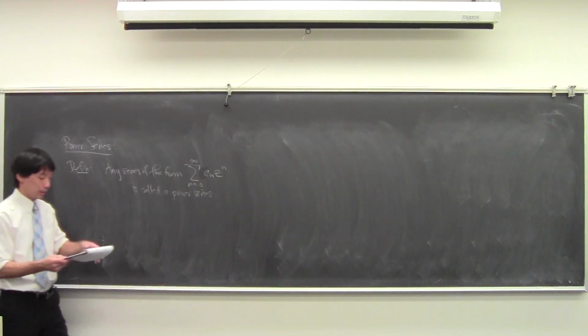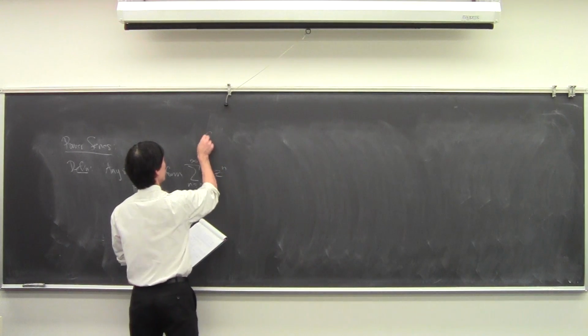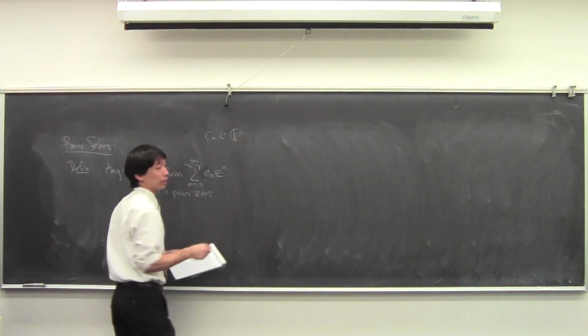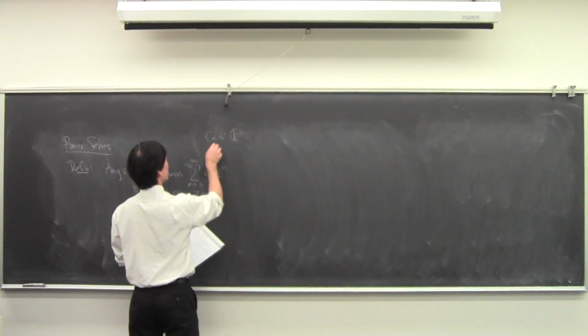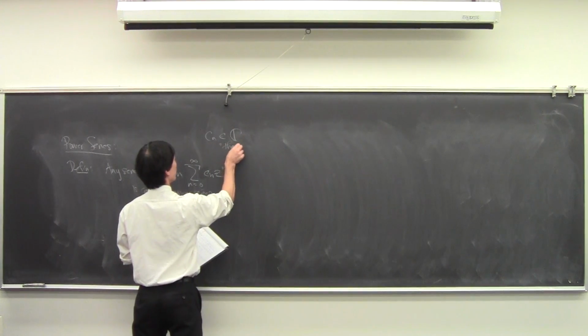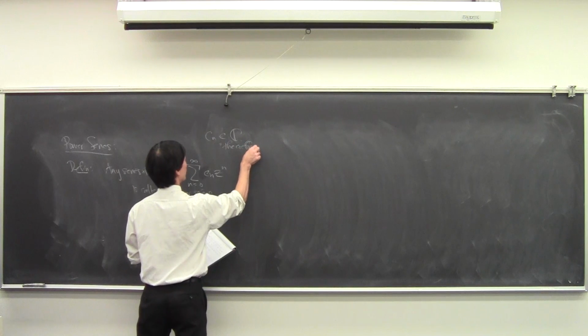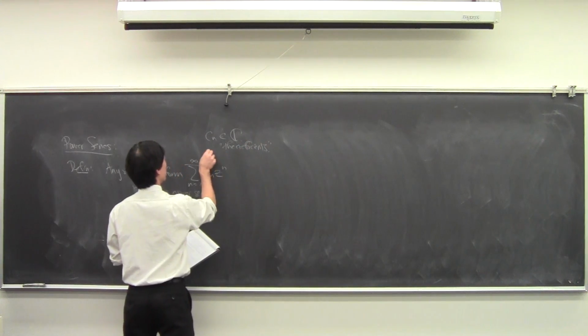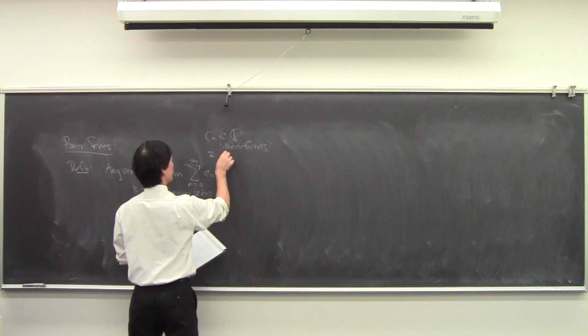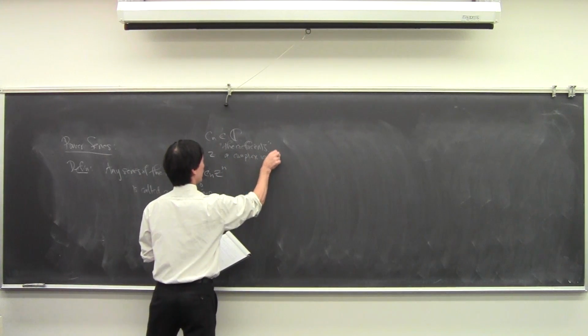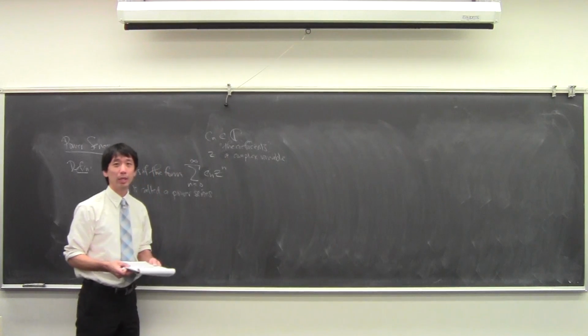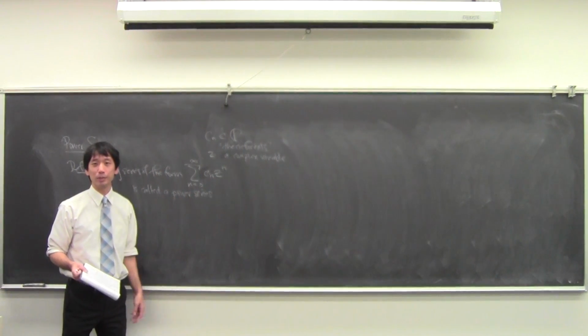Now, the c sub n are complex numbers, generally called the coefficients. And z is a complex variable. You think of z as a variable lying in the complex numbers.